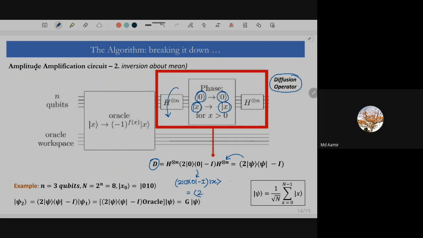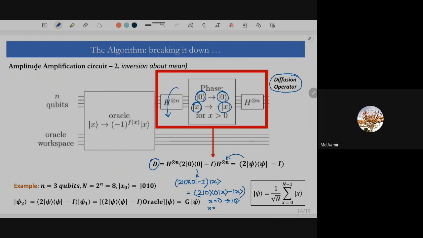So this will be 2|0><0|x> minus |x>. If x equals 0, we get 1, and 2 minus 1 gives the 0 state.